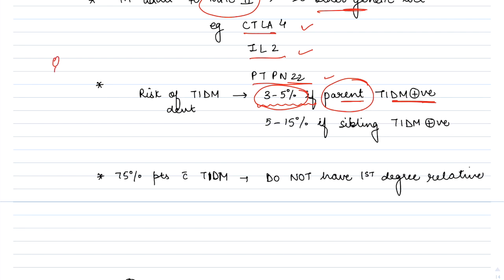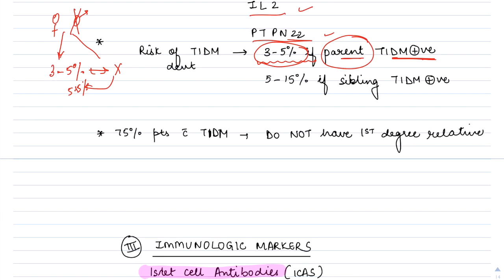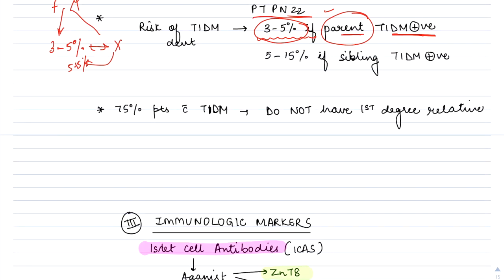But if a sibling is diabetic, then the chance is 5 to 15%. 75% of patients with type 1 diabetes do not have a first degree relative with type 1 diabetes. So inheritance is very low.